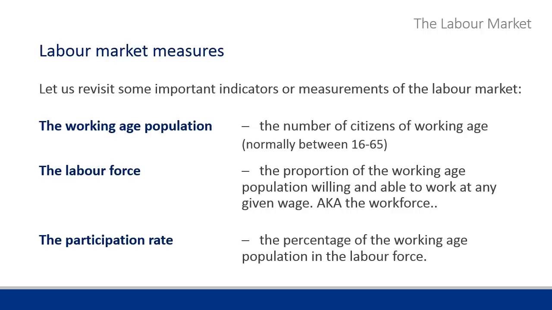The labour force are the proportion of the working age population that are participating in the labour market. In other words, the proportion of the working age population willing and able to work at any given wage, also known as the workforce. The participation rate, then, is the percentage of the working age population that are participating in the labour market.